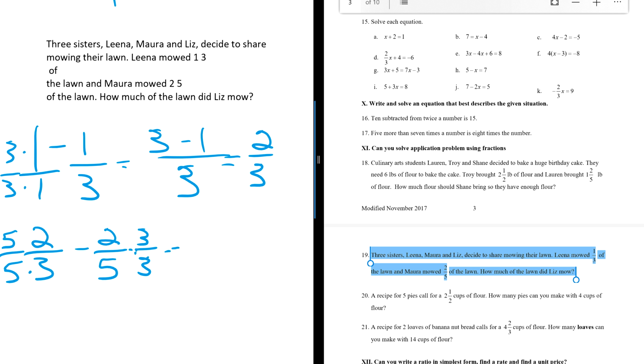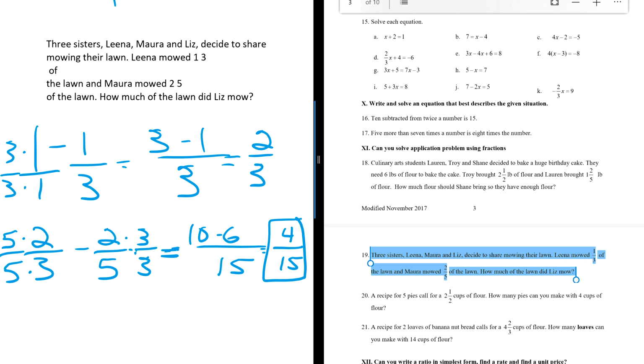Okay, bringing that over, I see I've got 15 for a denominator. And then I've got 5 times 2 is 10, minus 2 times 3, which is 6. 10 minus 6 equals 4/15. And that is how much Liz mowed.